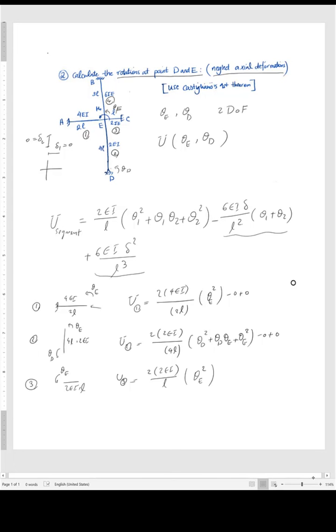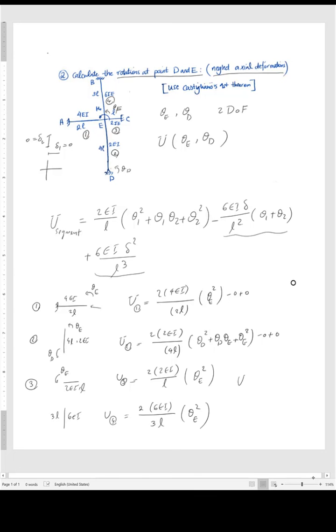That's it. Now for the fourth one, again you just have 3L 6EI, equals 2 times 6EI over 3L times theta E squared.